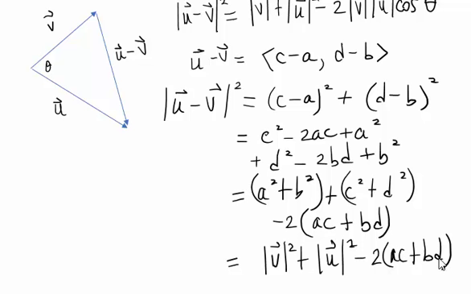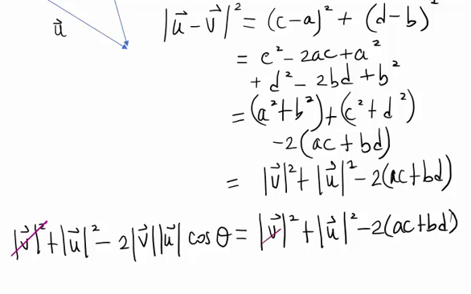Lastly, since the magnitude of u minus v squared is equal to both of these expressions, we're going to equate them and simplify. Notice that the magnitude of v squared will cancel, and same thing for the magnitude of u squared. And there is a factor of negative 2 on each side, and so that will even disappear.